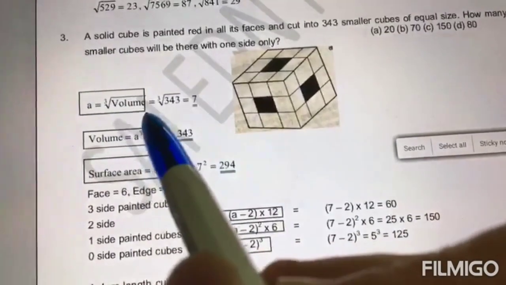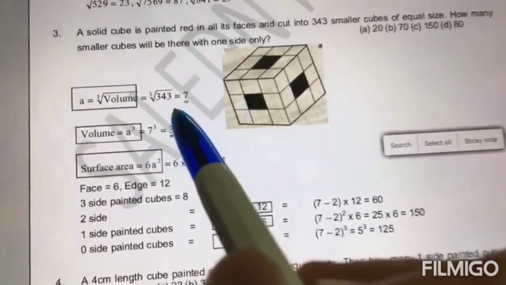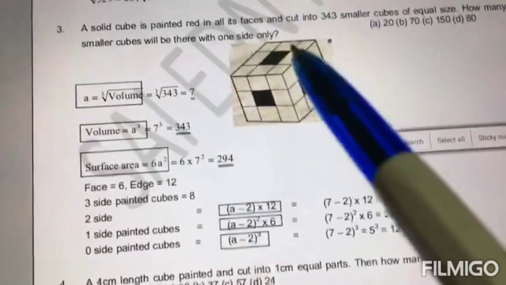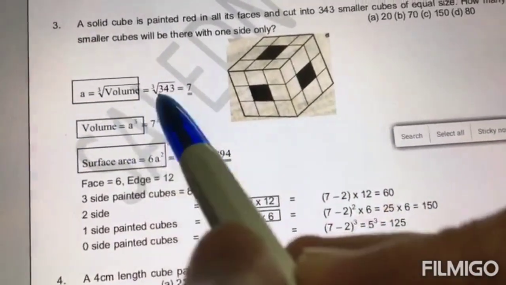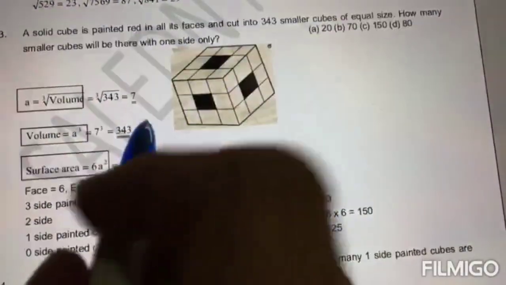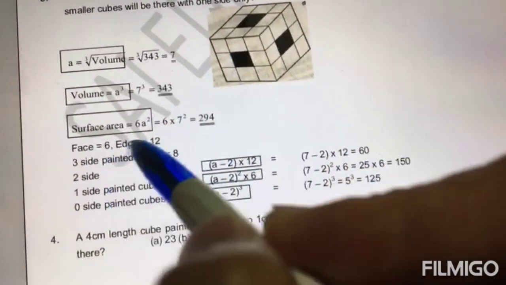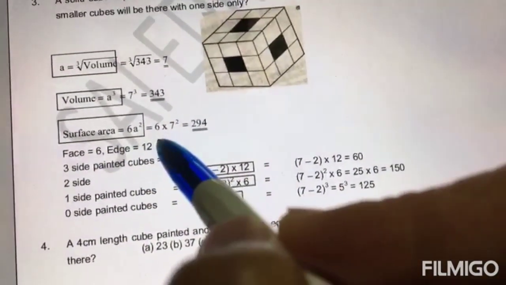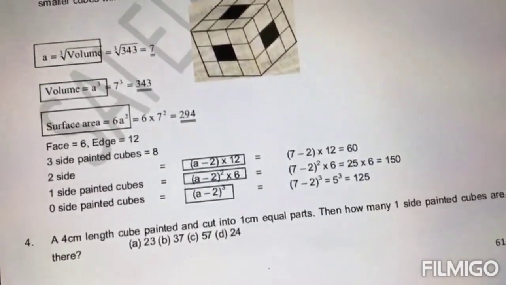So the volume of this would be, the volume is 343, therefore the side would be cube root of 343, which is 7. Right, this is what is given. Surface area would be 6a square, that is 6 into 7 square, which is equal to 294.